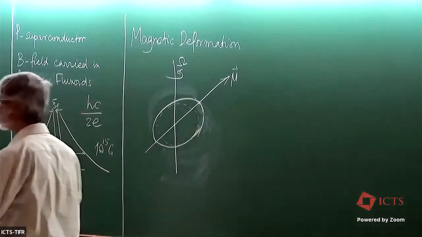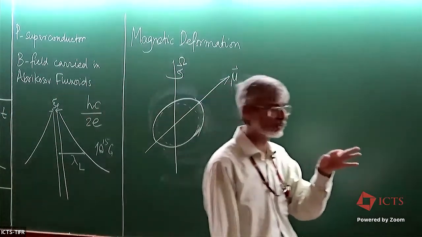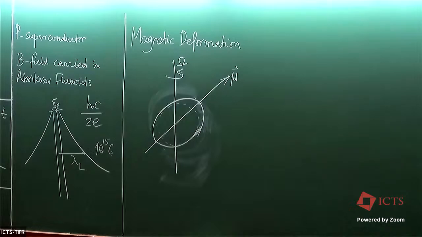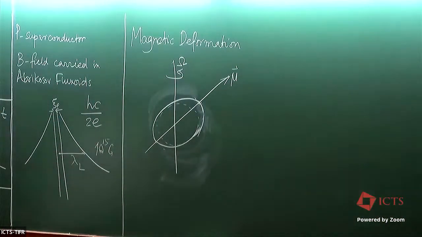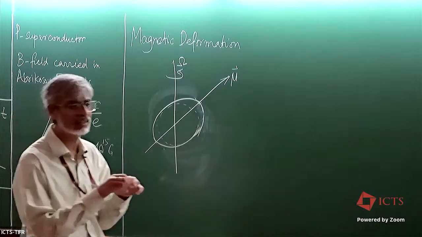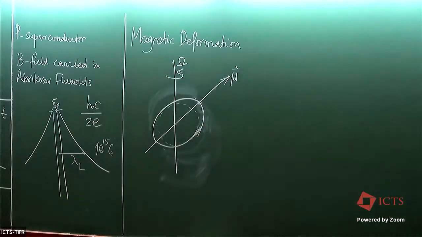Now it so happens that if some part of this core overlaps with a nucleus inside the same region, then the net energy required, remember you need some energy to create normal state from the superfluid state, goes down. If some part of that state is already occupied by pre-existing normal matter, the net energy required to create that vortex goes down.